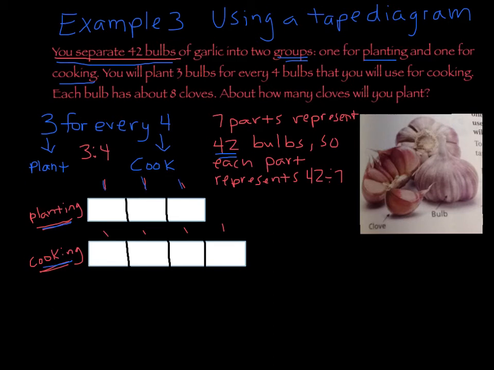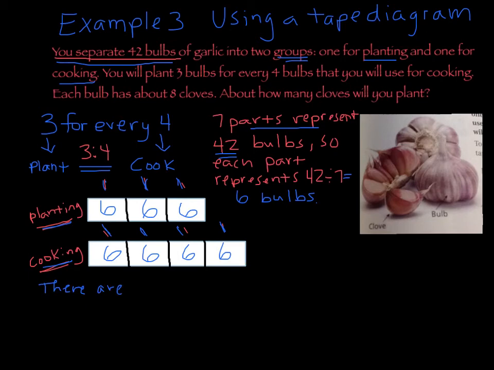I've got 3 parts for planting and 4 parts for cooking, which is where I got my ratio from. So my 7 parts represent 42 bulbs. Each represents 42 divided by 7, and I'm getting my 7 from the total number of parts, which equals 6 bulbs. So each one of these equals 6, 6, 6, and so on. Each part represents 6 bulbs.